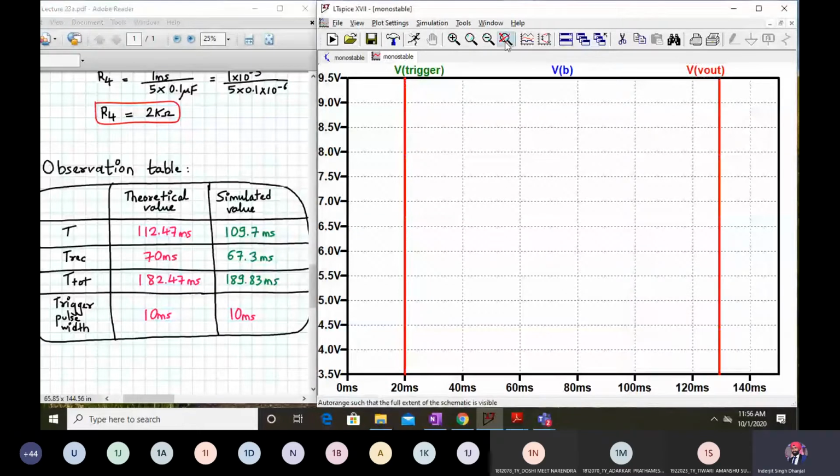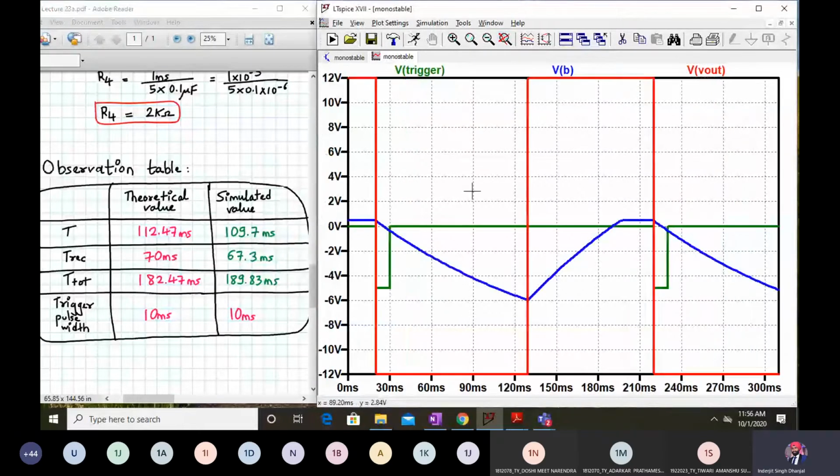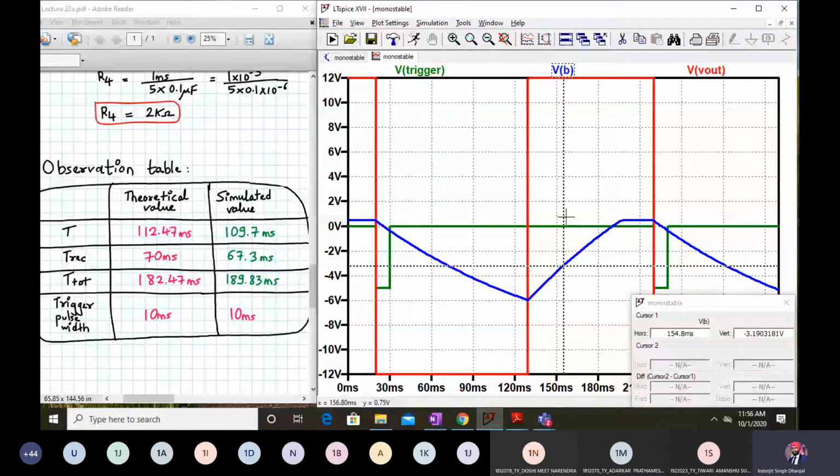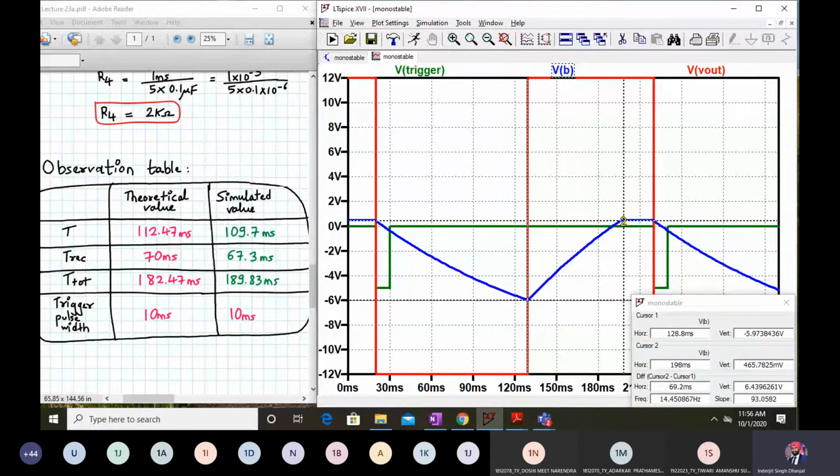Okay. Now let's check the recovery time. The capacitor recovery time is from here, wherever it's charging over your VB, which is your capacitor voltage basically. So my first cursor will be over here, and my second cursor will be over here when it's settling down.